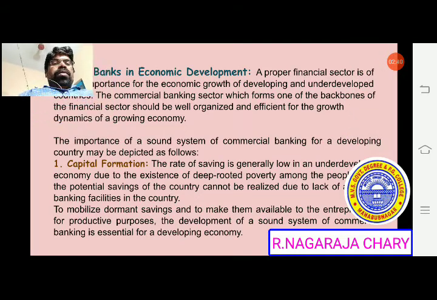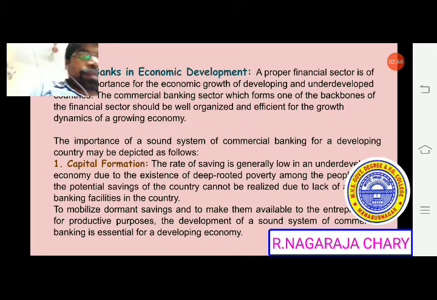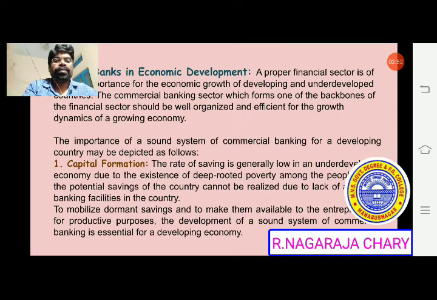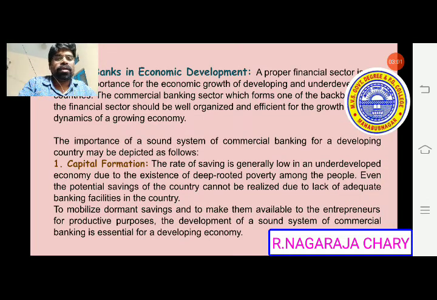So all the banks also perform economic development duties. First, capital formation. In capital formation, all the banks perform duties. The rate of savings is generally low in an underdeveloped economy due to deep-rooted poverty among the people.